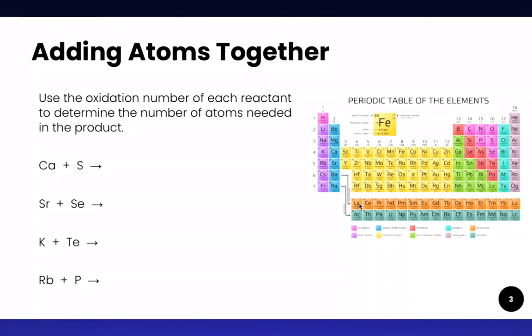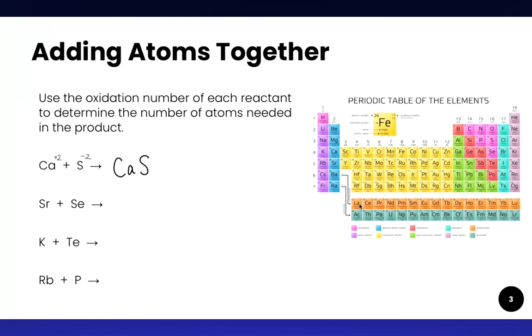So calcium and sulfur will combine in a way where its product has a neutral charge. And in order to find the neutral charge, you first need to find the oxidation numbers of calcium and sulfur. Calcium is a group 2 element, so its charge is +2, and sulfur is a group 6 element, so its charge is -2.